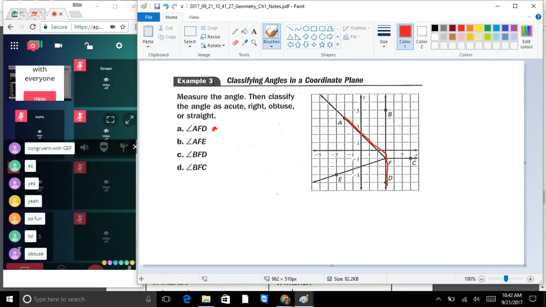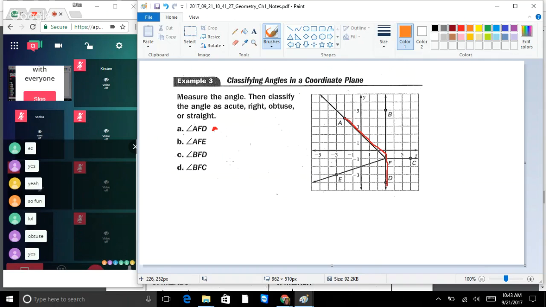I think that was Greta. Is that right, Greta? All right, Greta got it. Angle AFD is obtuse. There's our obtuse angle. And if we measure it with a protractor, I got about 135 degrees. But if you don't have that, it's okay.